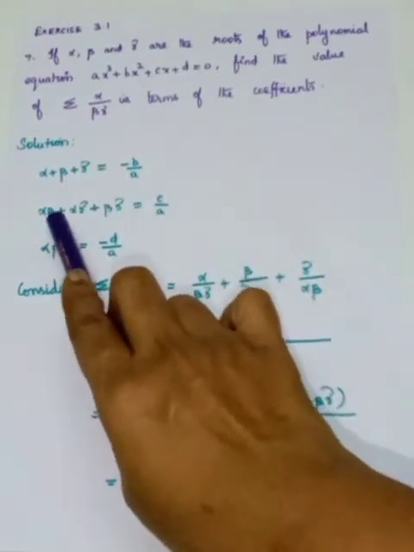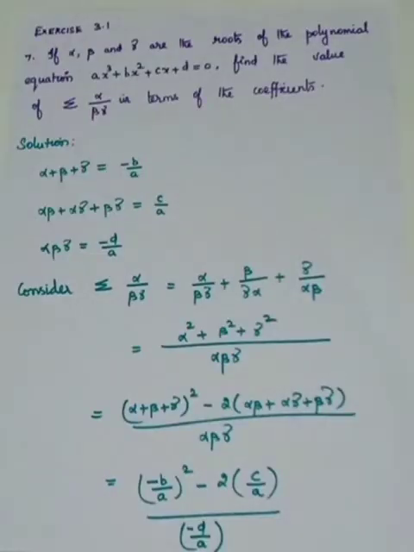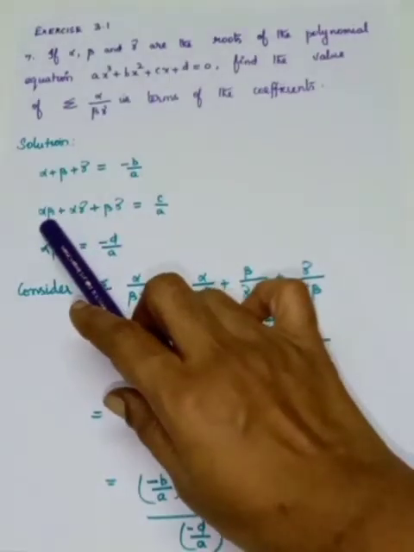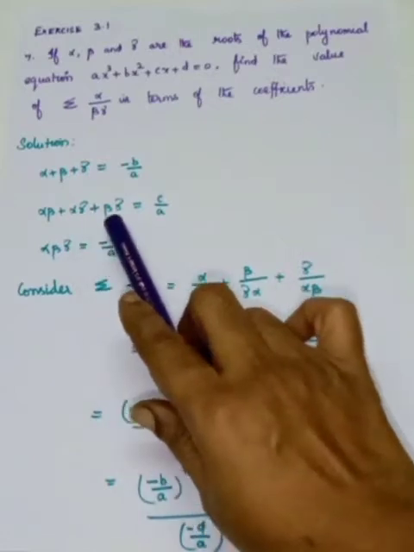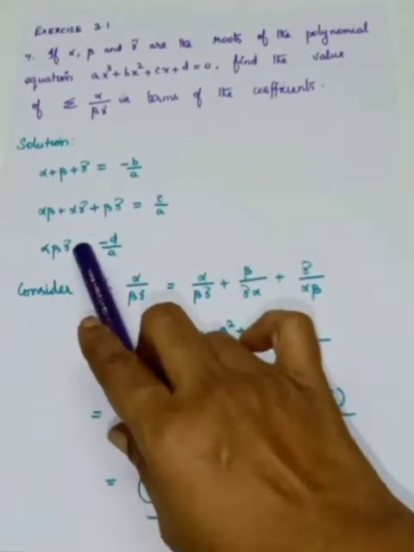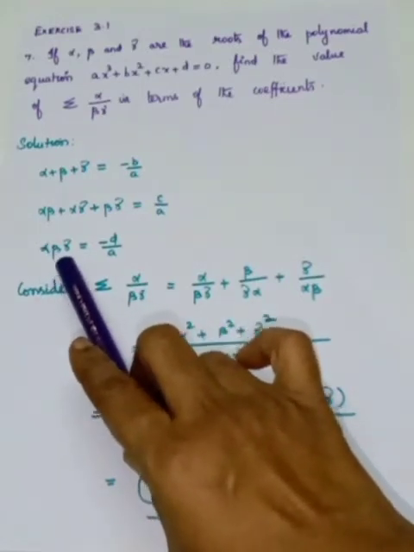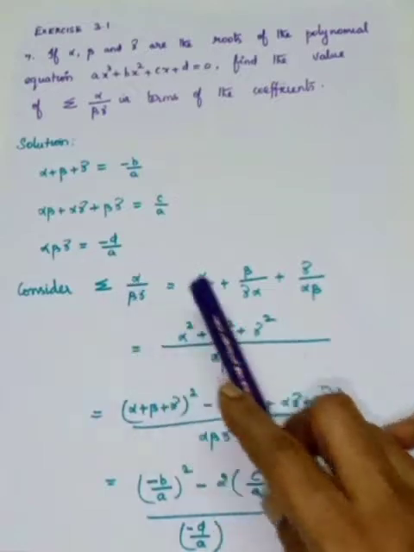The sum of the product of two roots taken at a time, alpha beta plus alpha gamma plus beta gamma, is equal to c by a. And the product of all three roots, alpha into beta into gamma, is equal to minus d by a.